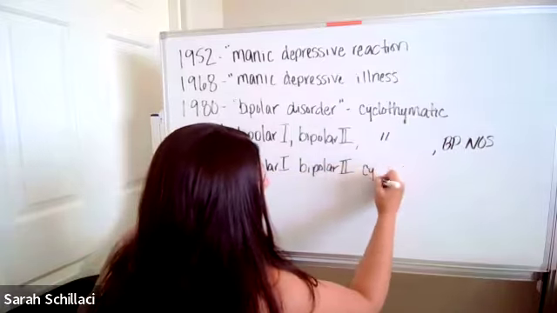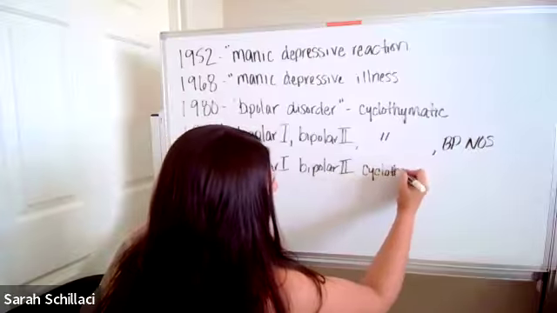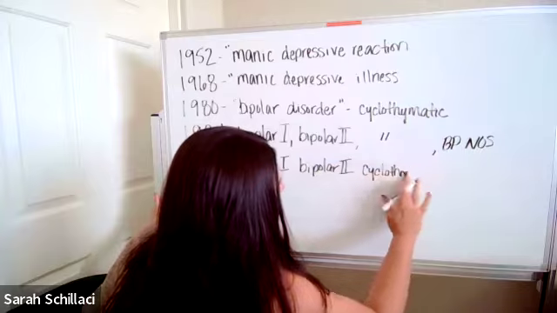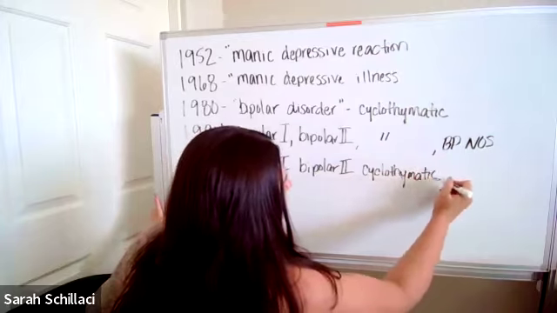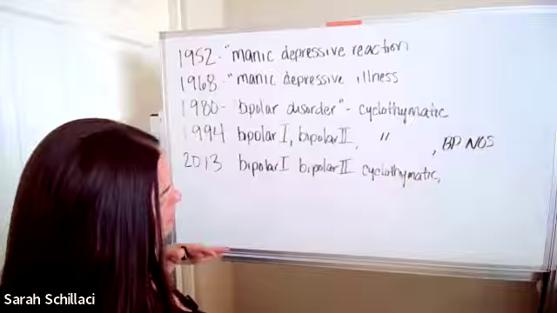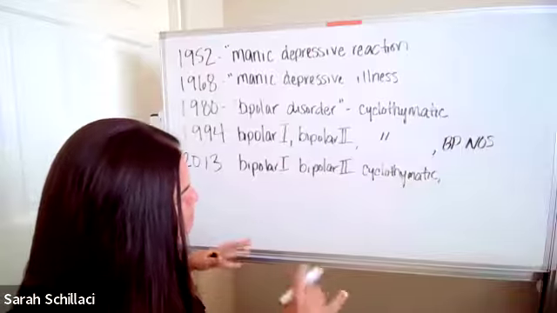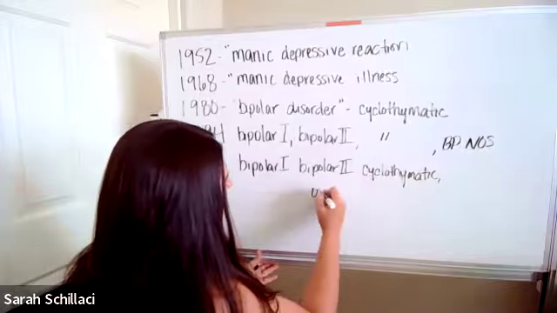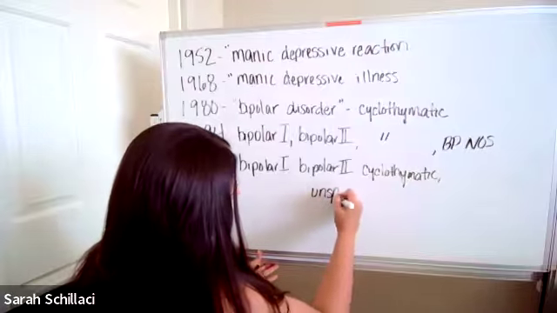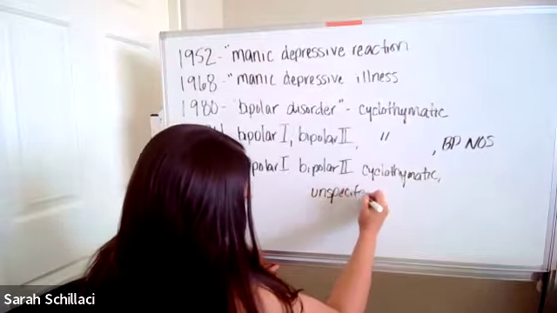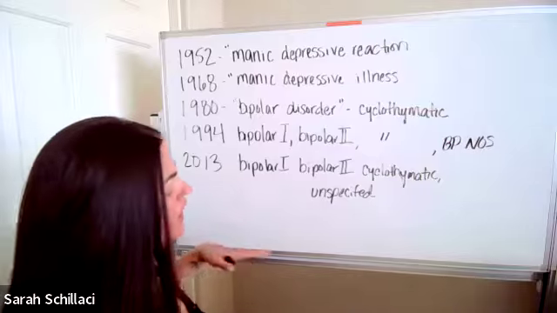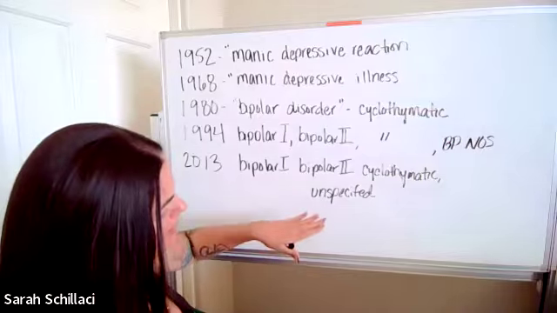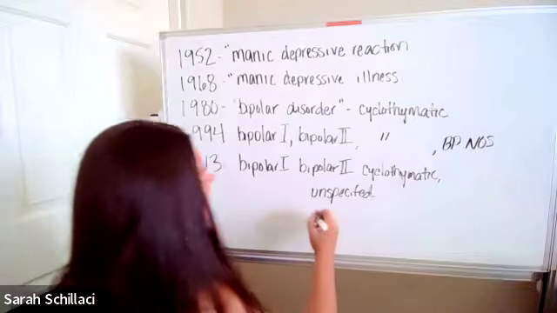We had the cyclothymic disorder, still. But here, instead of calling it bipolar not otherwise specified, we changed the name. We either call this unspecified bipolar and related disorder, or we call it other specified.